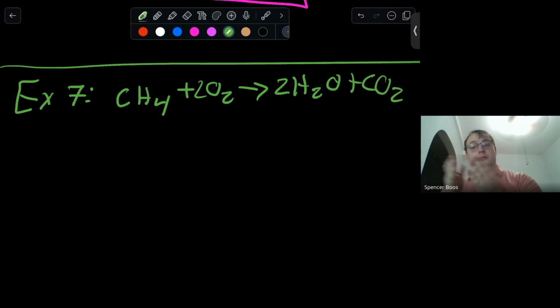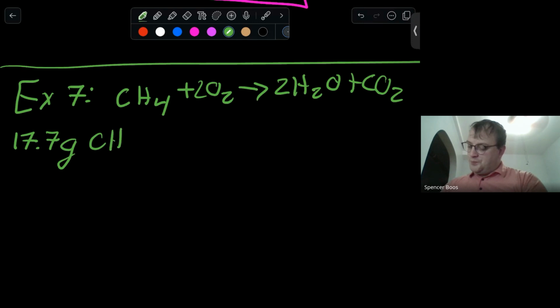So we've got these two equations. Let's dive into them. Let's say I start with 17.7 grams of CH4.